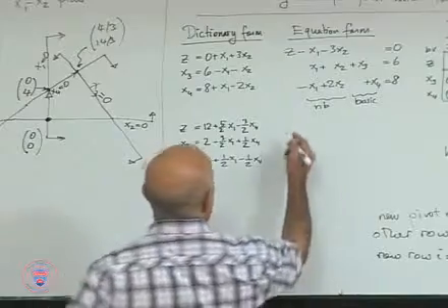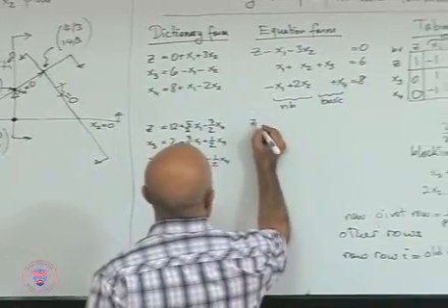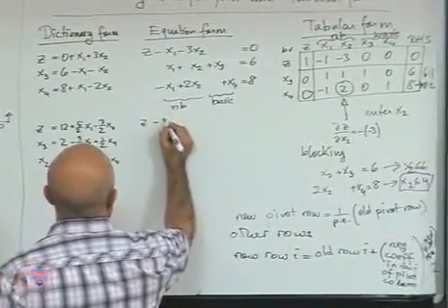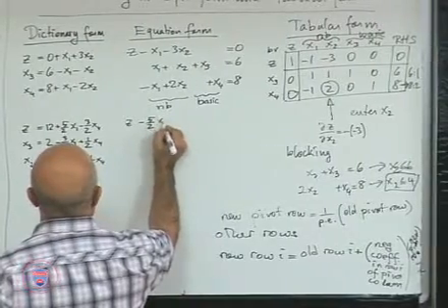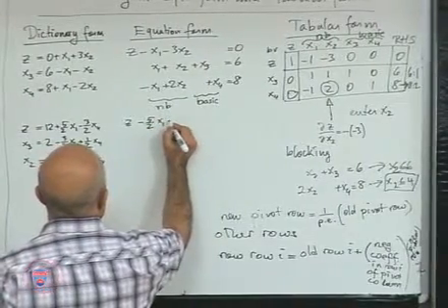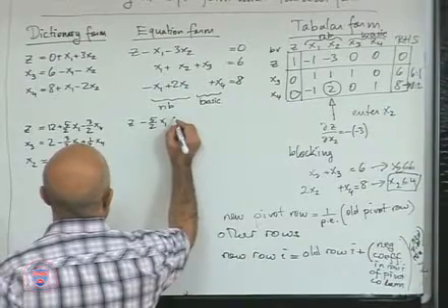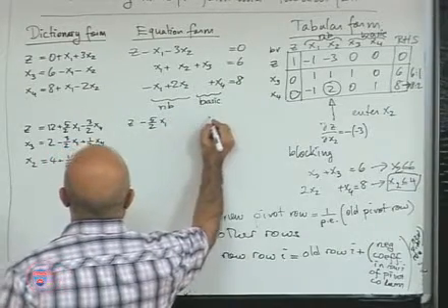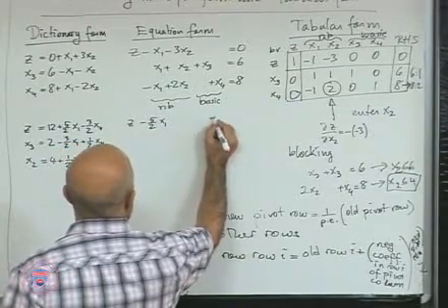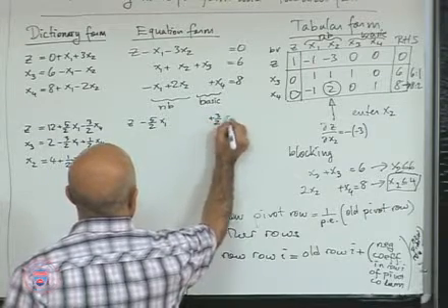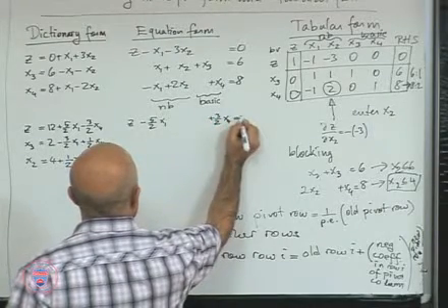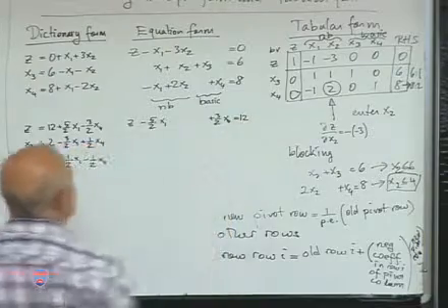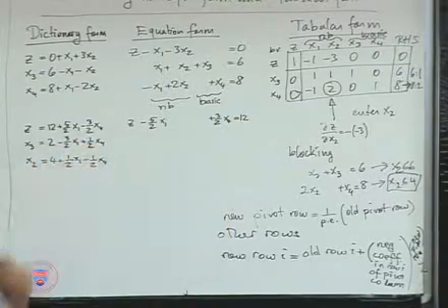The equation version of this is simply z minus 5 halves x1 plus 3 over 2 x4 equals 12, this equation.